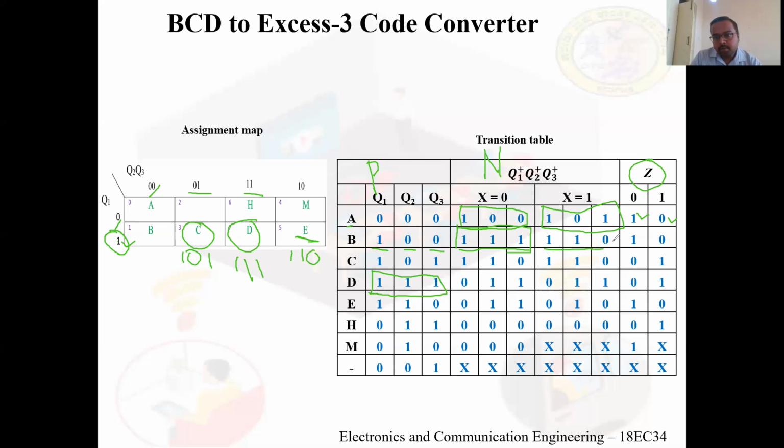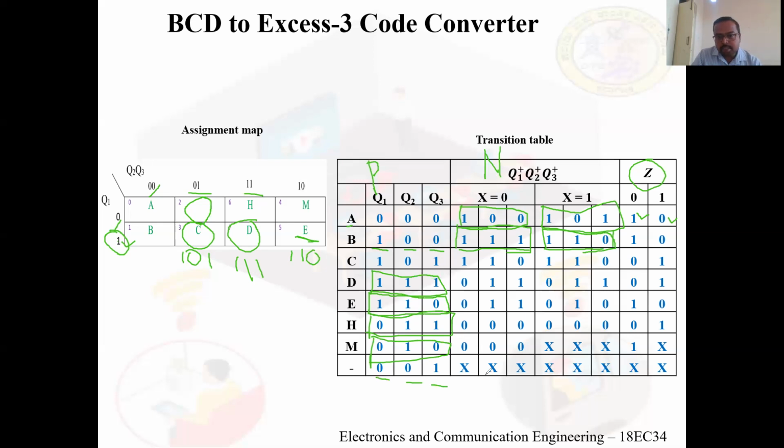Substitute this value here, just by looking at this one. You know, E is nothing but 1, 1, 0. H is nothing but what? 0, 1, 1. M is nothing but what we have? 0, 1, 0. Right? And next, what is this one? Here, this is 0, 0, 1.